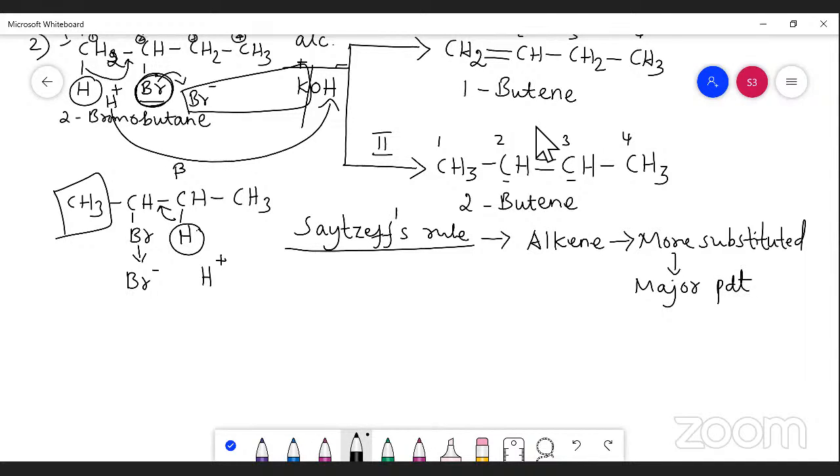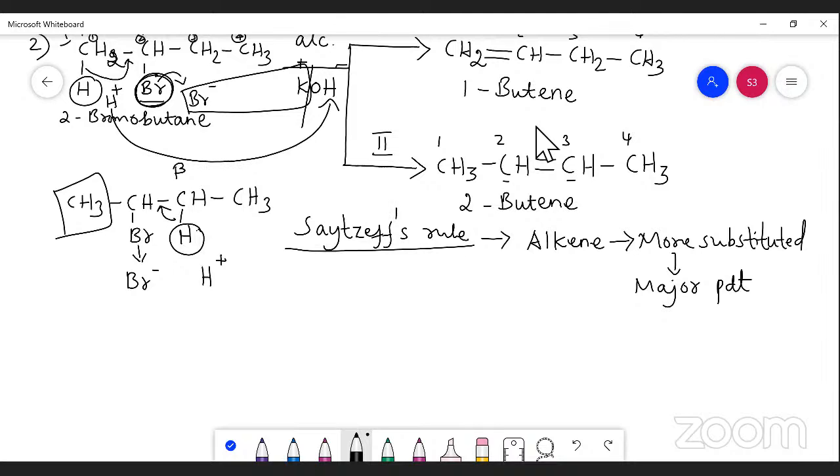Now I am going to apply this rule to the two products and find out which one is major and which one is minor. Let's start with 1-butene. I don't yet know what substituted means, or how to know which is more substituted. It's very simple.